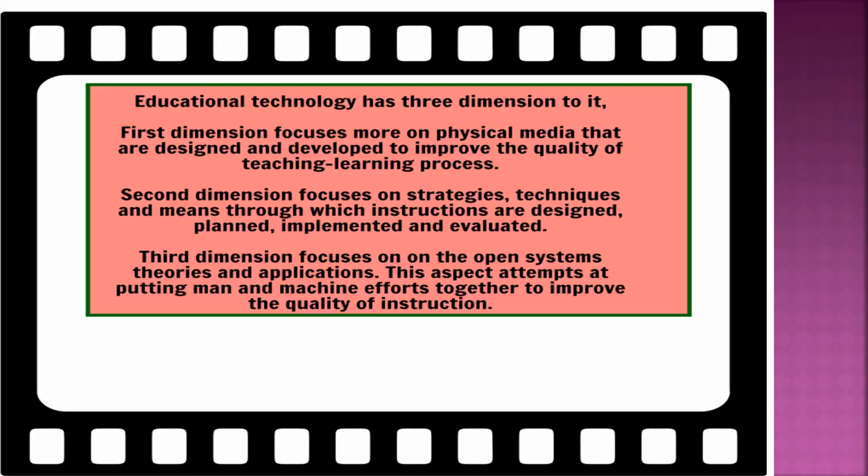The first dimension focuses on the physical media, those are the designs and the tools that have been developed to improve the teaching and learning process. The second dimension looks at the strategies, techniques, implementation, evaluation, design, and planning. Then the third dimension focuses on the open system theories and their application.